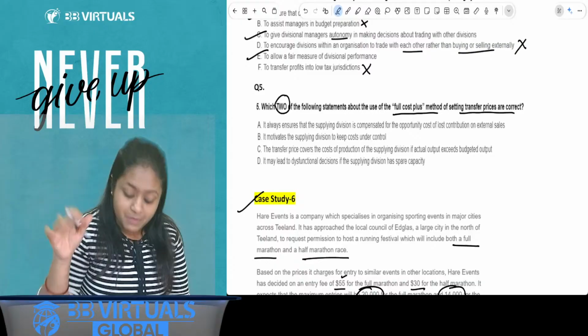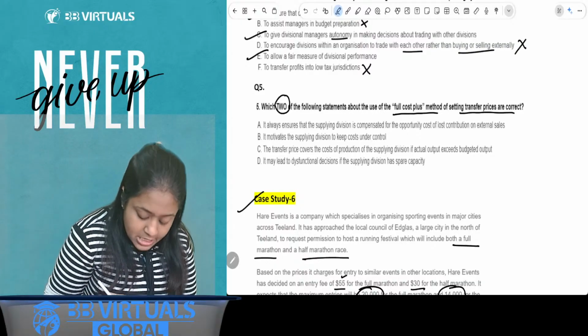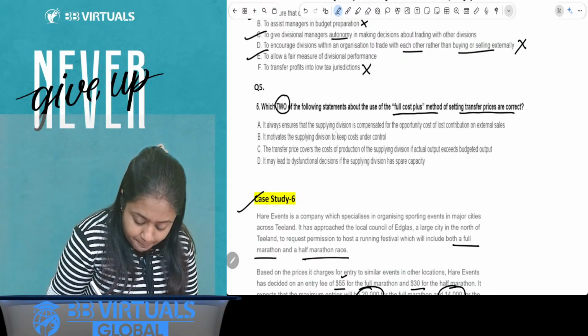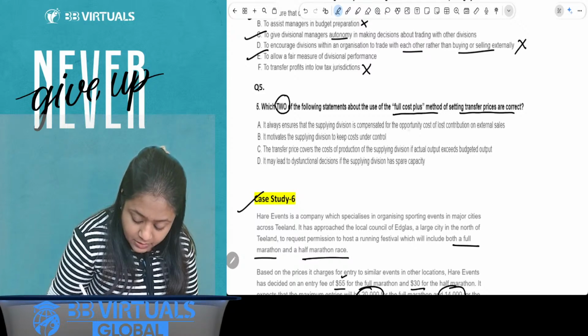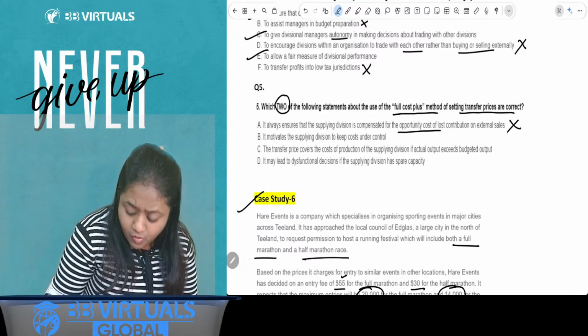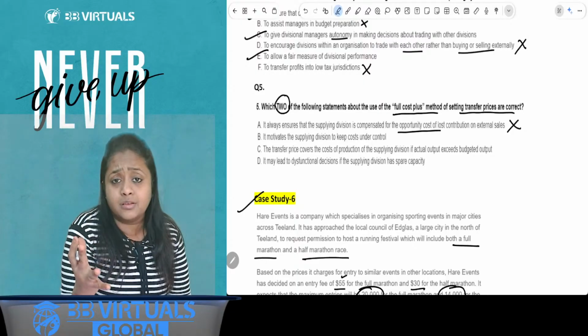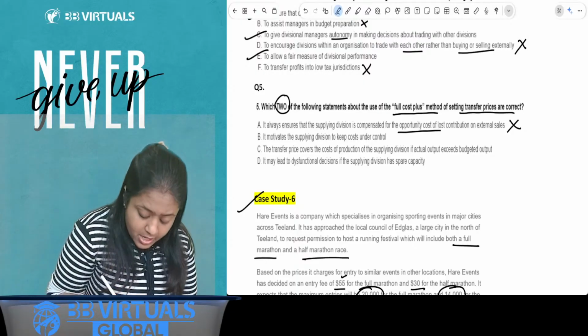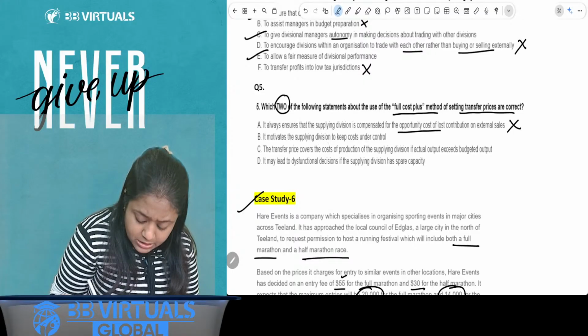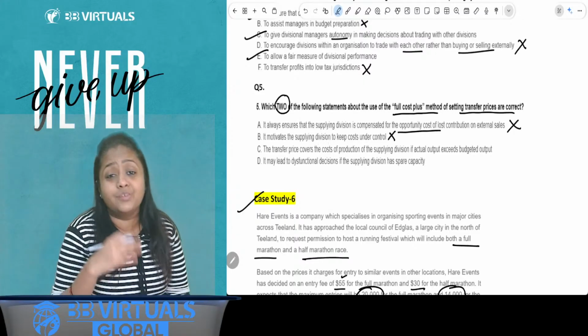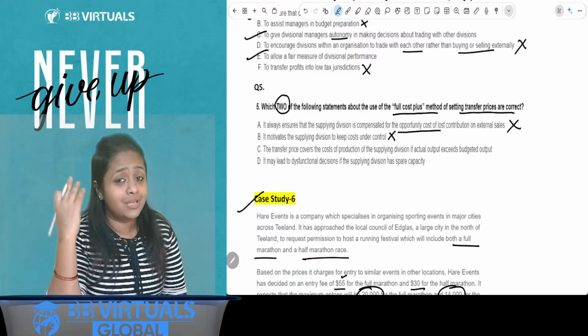It always ensures that the supplying division is compensated for the opportunity cost. No, we're not taking any opportunity cost here. We're just taking full cost and the margin. That's all. It motivates a supplying division to keep costs under control. No, rather they would look into increasing the cost so that they get a good price.